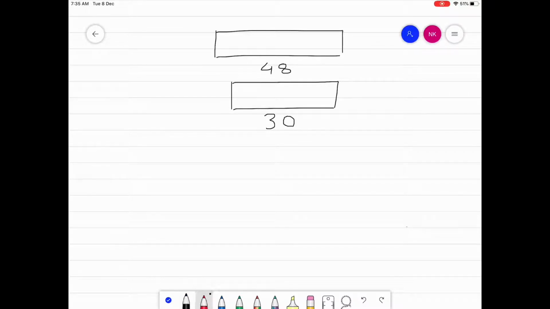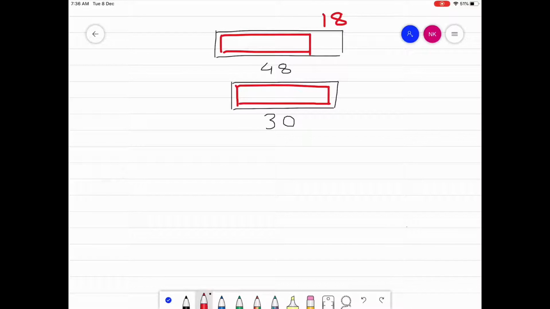So, obviously, our first attempt at the longest tile will be 30, right? Because anything larger than 30 will not fit in this rectangle of 30. Now, if we put this tile of 30 in this rectangle of length 48, we're left over with 18.